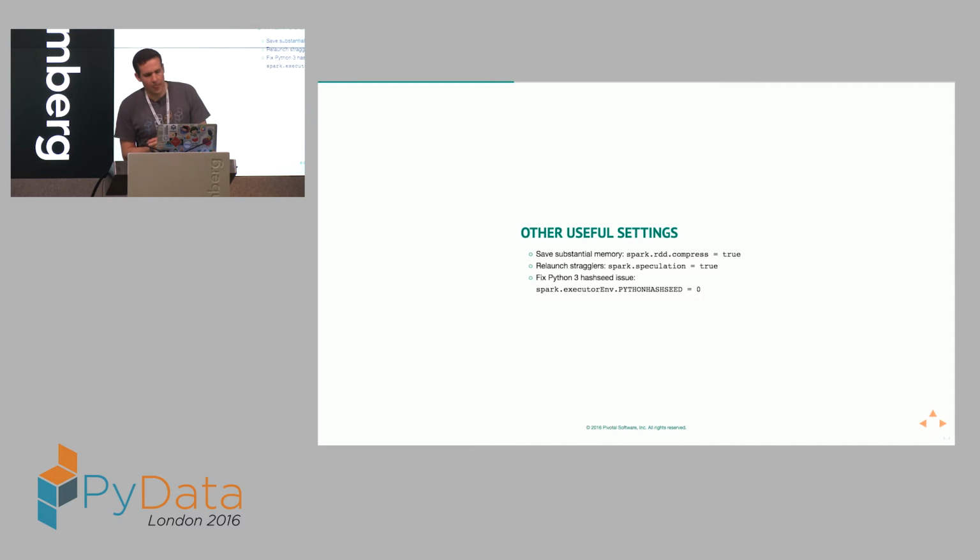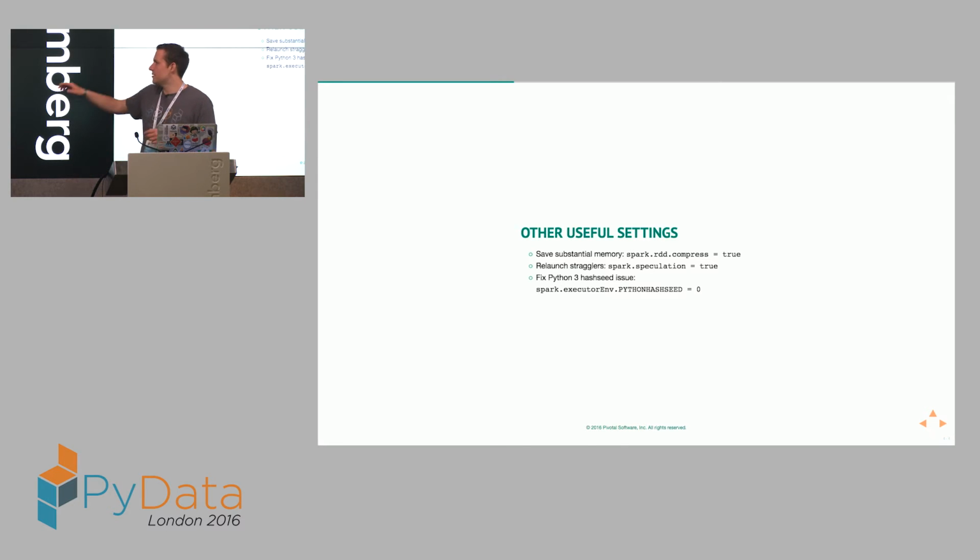Something we've really struggled with because we exclusively work with Python 3 is there are many issues using Python 3 in PySpark, because in Python 3 there's a new security feature where you use hash randomization to provide protection against denial of service attacks.